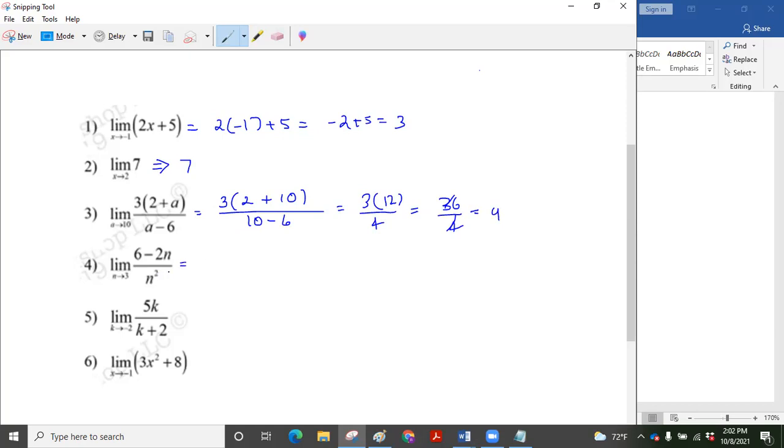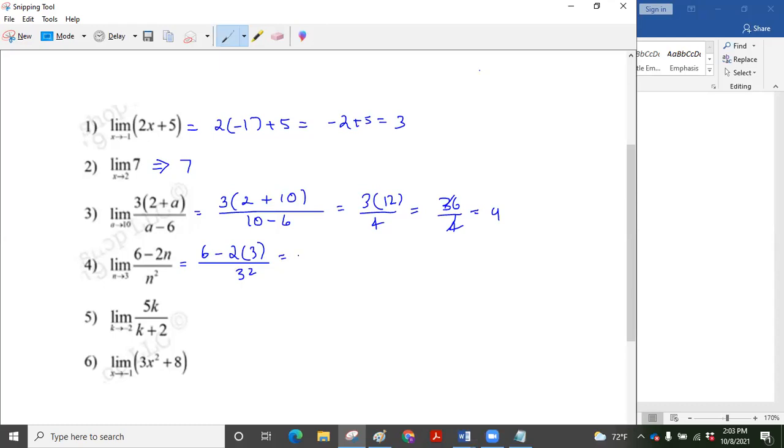Same idea. If we can plug it in without getting 0 in the denominator or 0 over 0, then we're fine. So we'll say that here we can plug in without any problems, it seems. So if we do 6 minus 2 times 3 over n squared, which is 3 squared.